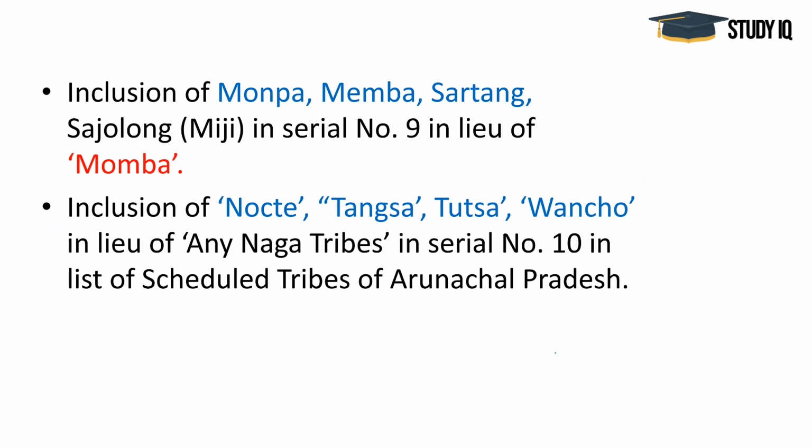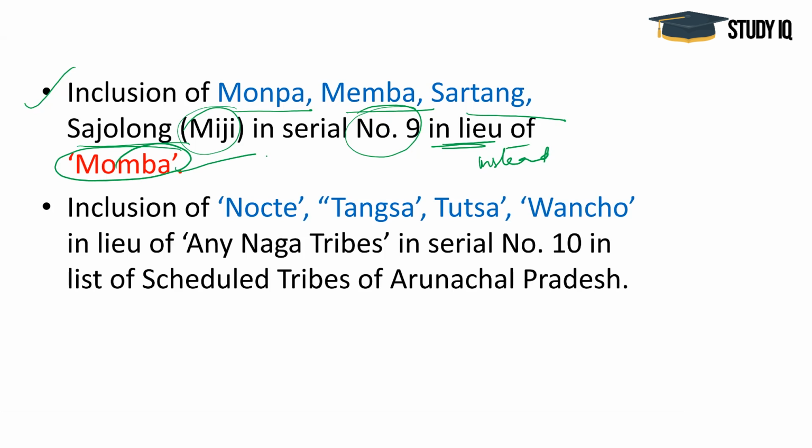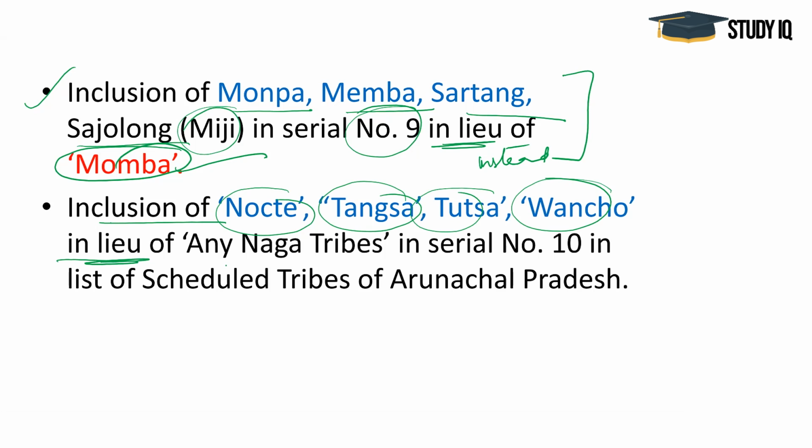Moreover, they are also including more tribes like Monpa, Memba, Sartang and Sajolong, that is Miji, in serial number 9 in lieu, that means instead of Momba. So earlier you see in the list there was Momba, but now they are including new tribes. Then there is inclusion of Nongte, Tangsa, Tutsa, Vancho instead of any Naga tribe.